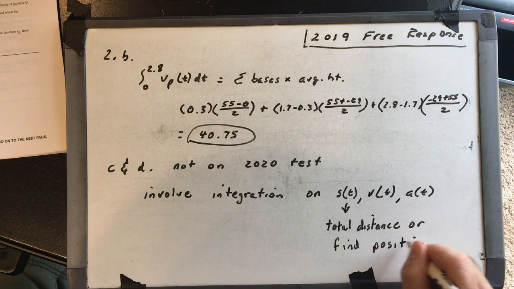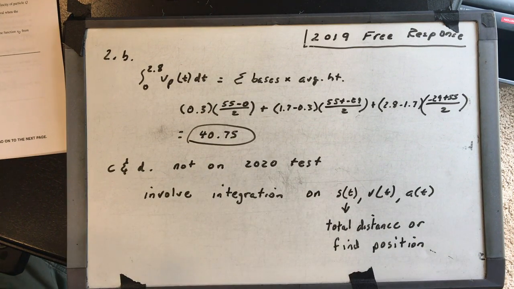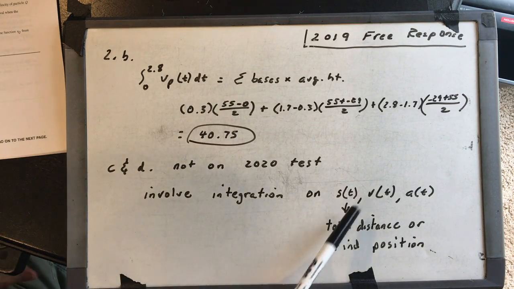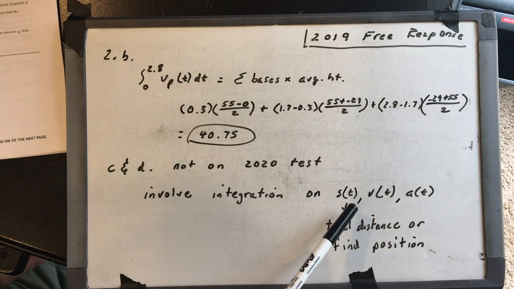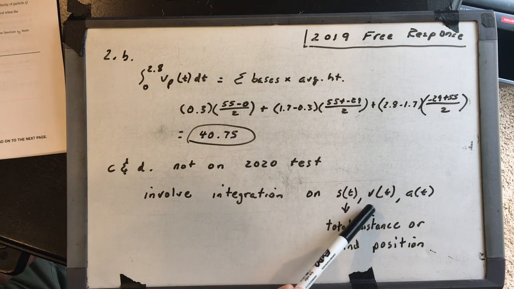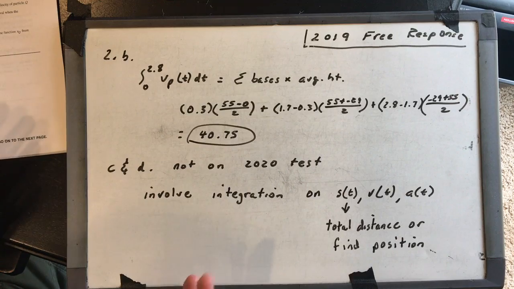You shouldn't see that on the 2020 test. But you could see a position, velocity, acceleration problem where they give you position and you have to find velocity, or give you velocity and you have to find acceleration, taking a derivative.